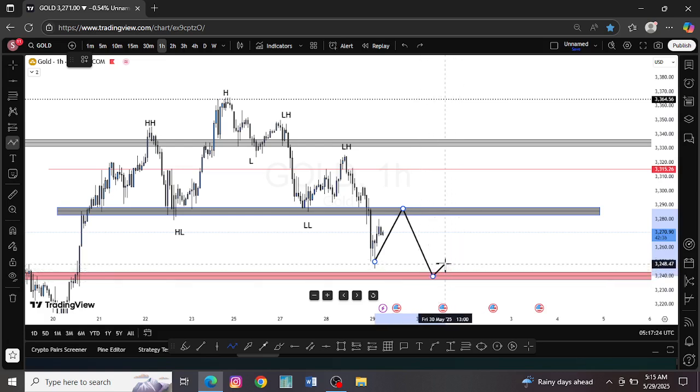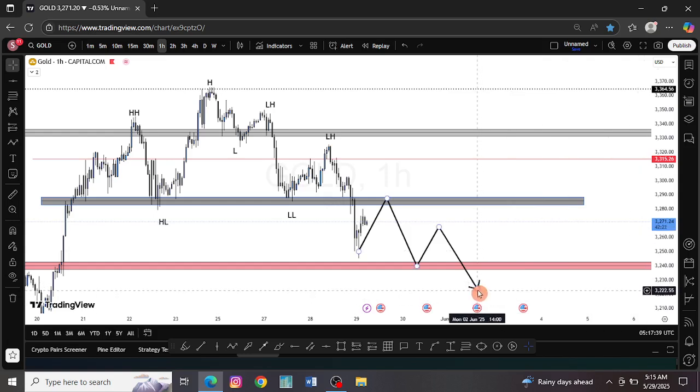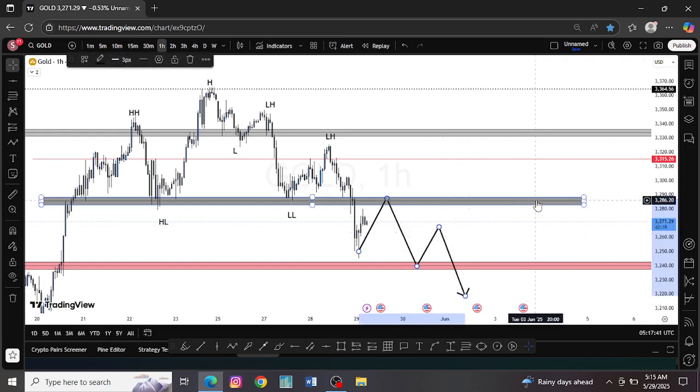Since I'm a day trader, I just want to take advantage of the zones that price offers to me. So I look for a buy confirmation from here, meet up with any structure, and then continue the sell nature that price has presented to us.